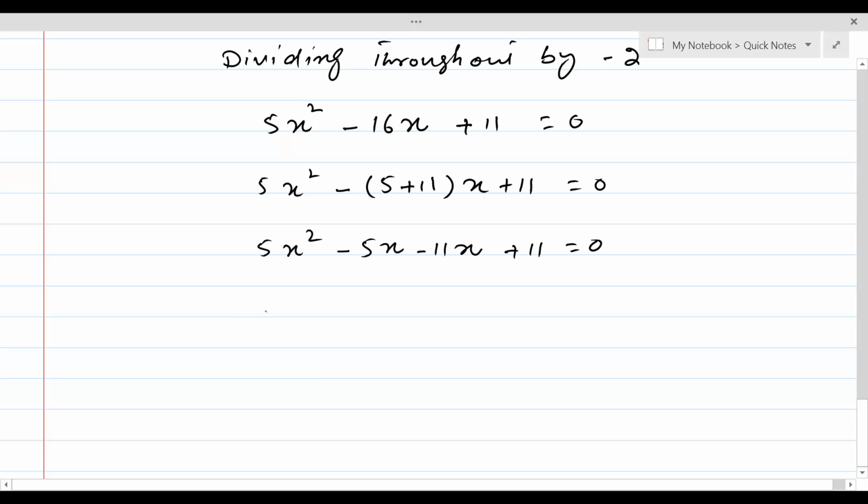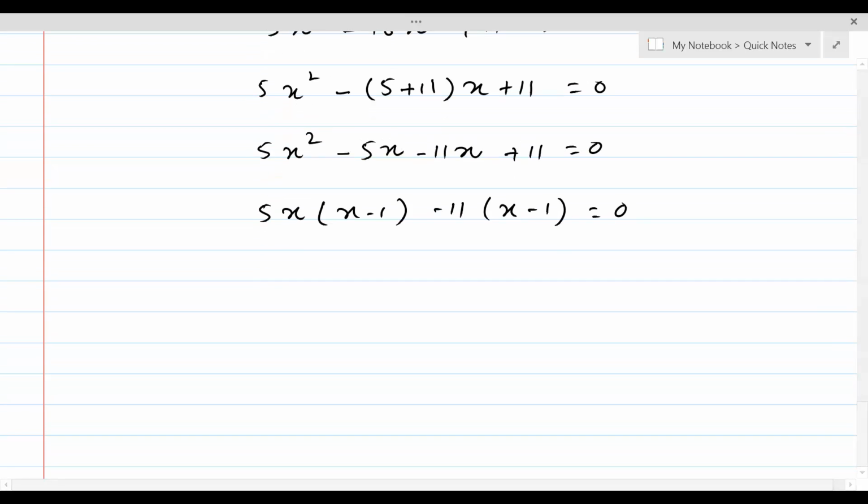This gives us, if we take 5x common, x minus 1, minus 11 common and x minus 1, equal to 0. And if we take x minus 1 as common, inside is 5x minus 11 equal to 0.